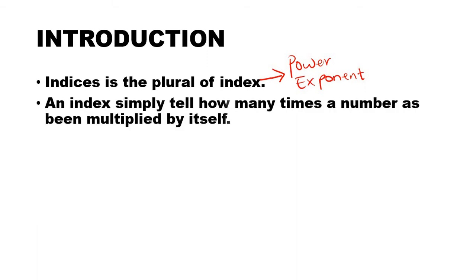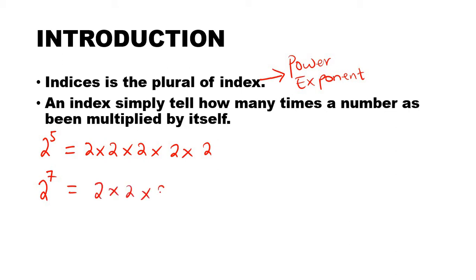And index is simply telling us how many times a number has been multiplied by itself. For instance, if I have 2 to the power 5, it means this 2 will multiply itself 5 times. Is that clear? Alright, if I have the same 2 to the power 7, it means that 2 will multiply itself 7 times.